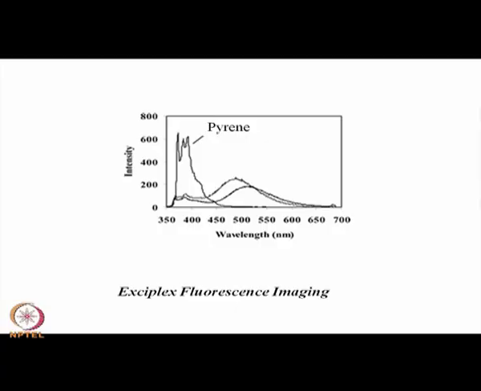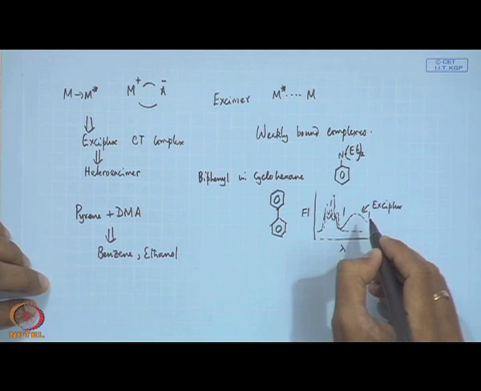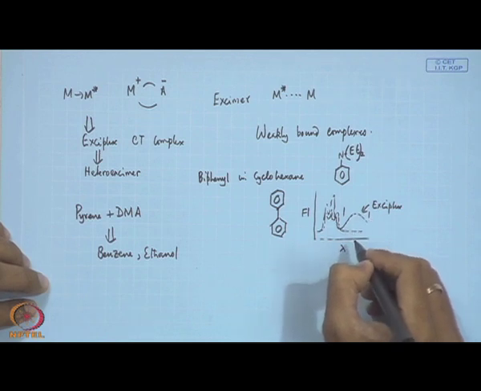In some cases you will observe quenching of luminescence of your dye, in some regions you will find it enhanced, and in some regions some other interesting observation. Exciplex fluorescence is a red shifted broad emission, so by monitoring it you can get information.